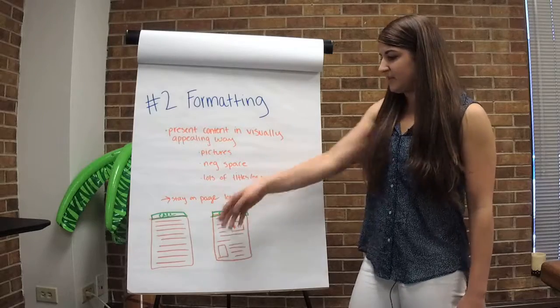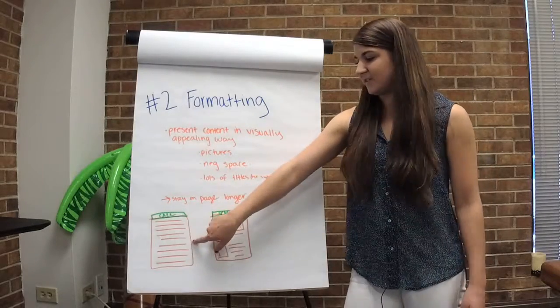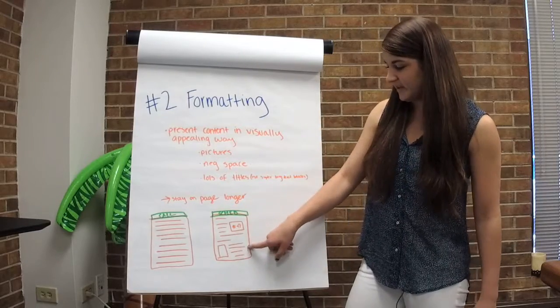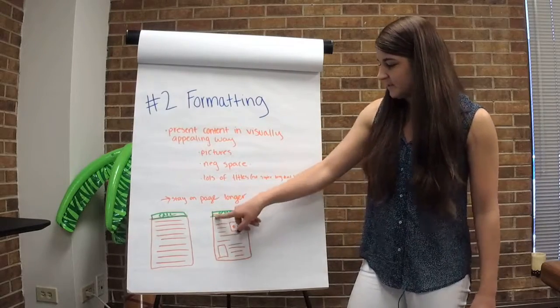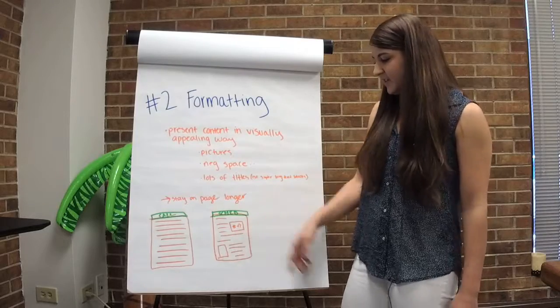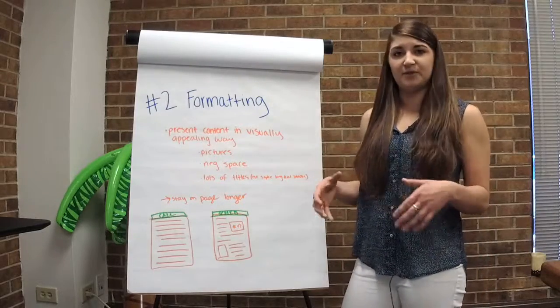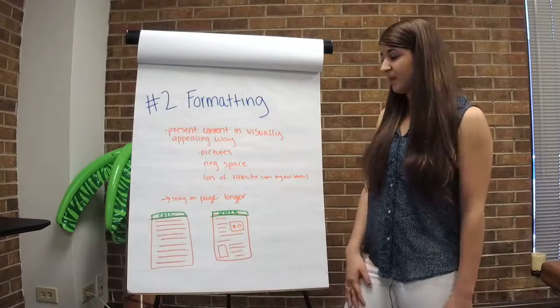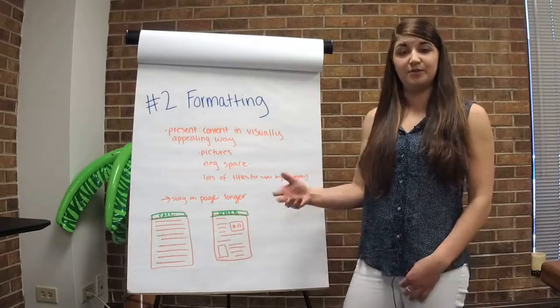For example, I am personally a lot less likely to read something like this on my phone or computer as opposed to something like this, where you've got a little negative space, some titles here, got some pictures, just a lot more easily digestible for the user, and that's what's gonna help them stay on your page longer, which means they're more likely to convert.